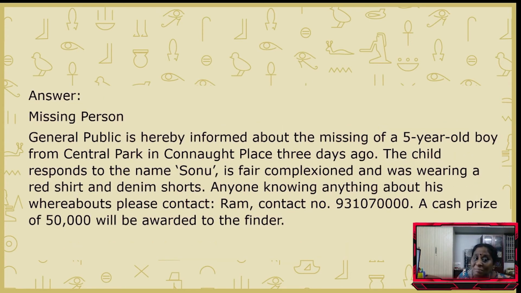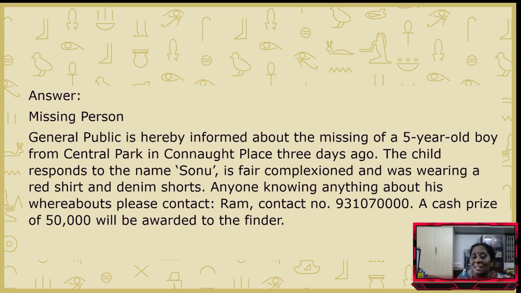So you just write "Missing Person" and then you start like this: General public is hereby informed about the missing of a 5-year-old boy from Central Park in Connaught Place 3 days ago. The child responds to the name Sonu and is of fair complexion and was wearing a red shirt and denim shorts.